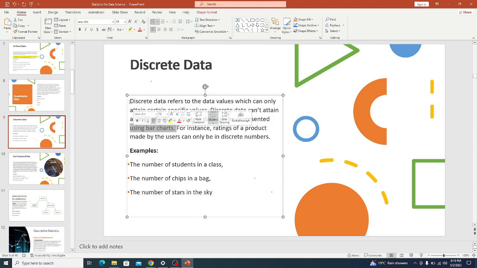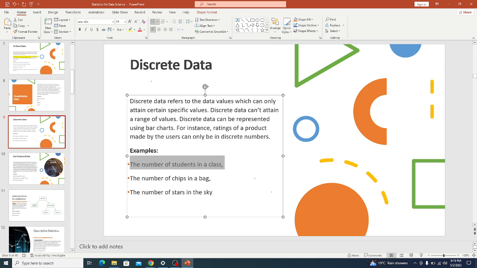So basically, discrete data is data that can only attain specific values, meaning we have no decimal attached to it, and it is countable. You can go and learn more about the differences between discrete and continuous. So we have some examples. Number of students in a class.